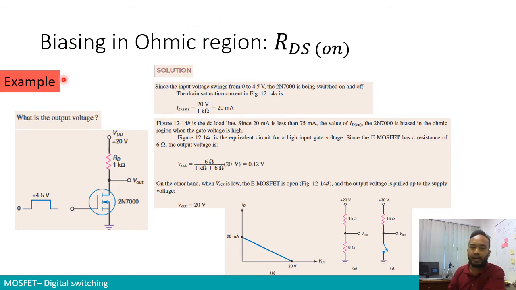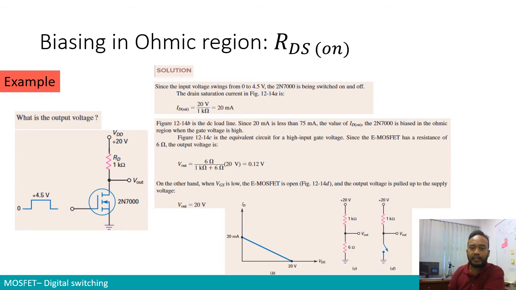Now, related to that biasing in ohmic region and identifying the operating point, and therefore deducing the equivalent resistance RDS on of the drain-source connection if we are biased in ohmic region, there is a simple exercise here that explains that principle.